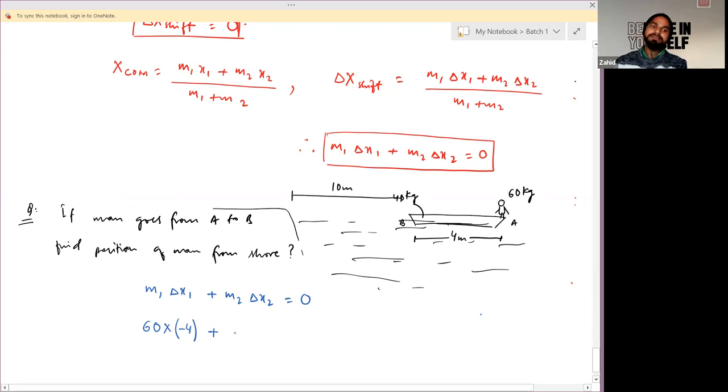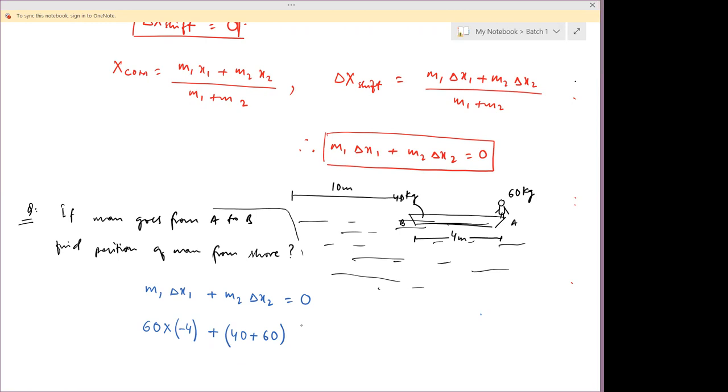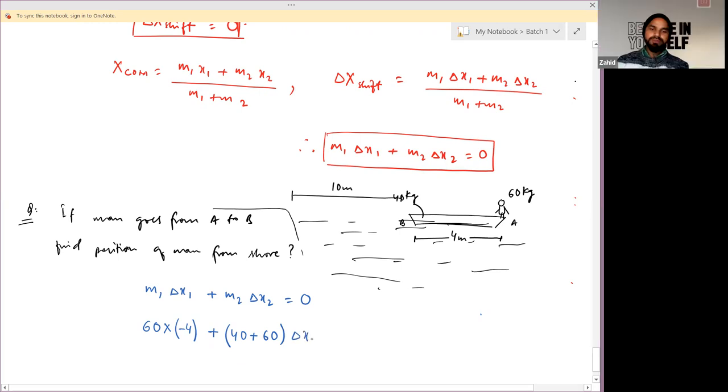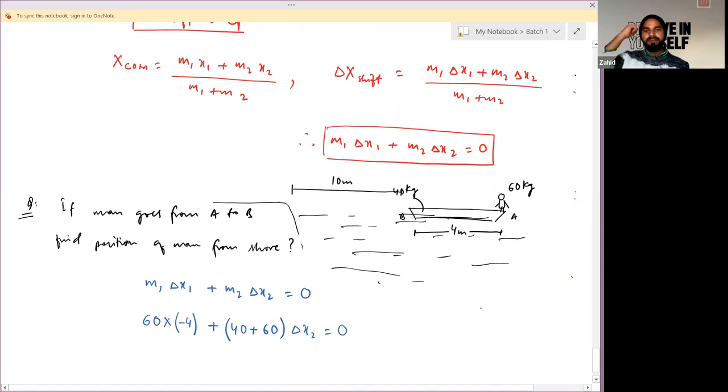So the total mass affected in this case will be the mass of the boat plus the mass of the man, both. Is it clear? Hamza, is it clear? Yes, sir. Times delta x2 equals 0. So first try to find delta x2 from this equation. Try to solve.